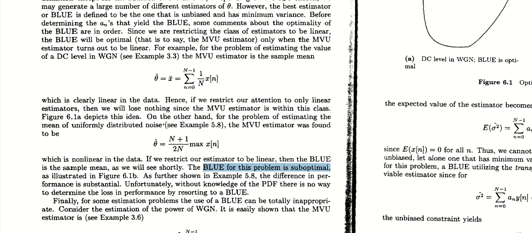One is the DC level in WGN, the other is the DC level in uniform noise, and you see different outcomes. In the first one, the BLUE and the MVU estimator are the same thing. But for the second one, the MVU estimator is this, but the sample mean is the BLUE.